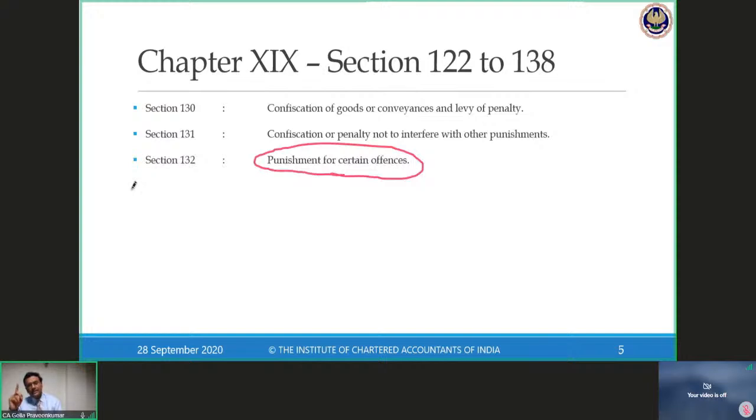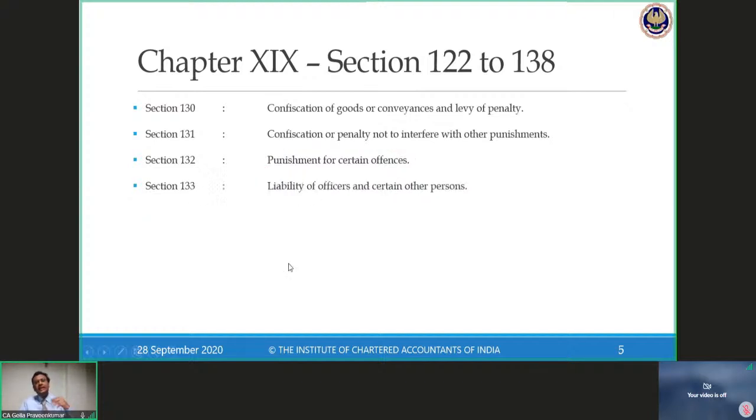All your criminal proceedings which are investigated, interaction, etc. will come into section 132. Practically, I would say you may not have very good exposure because not everyone gets into this. But if you get into this, this is like a gold mine where enormous practice is there in this particular arena called section 132.